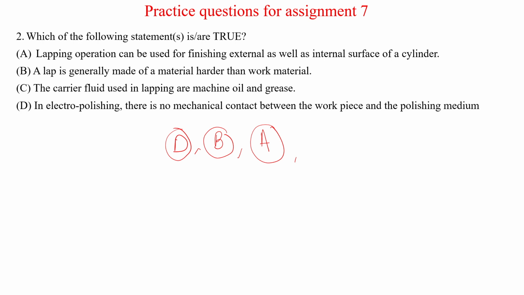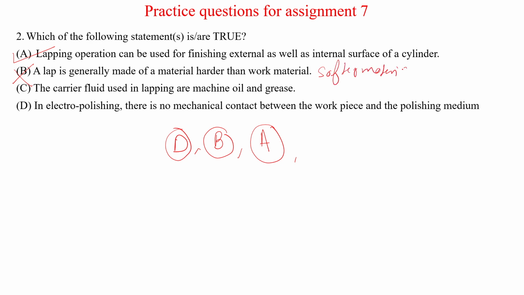Okay, fine. Then see. First is A. I have told lapping is used for internal as well as external. So A is correct. No issue. B: a lap is generally made of material harder than work material. This is wrong. I have told lap is made up of softer materials.